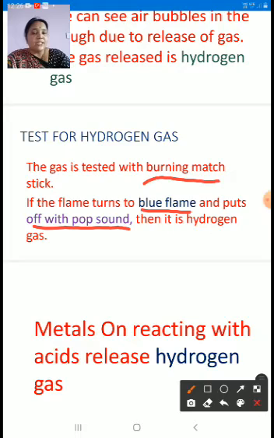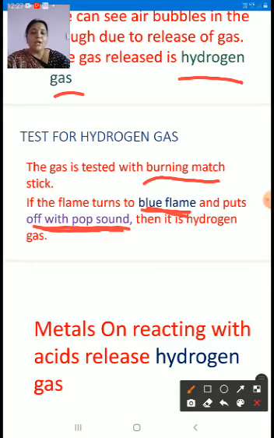So the flame turns blue and it puts off with a pop sound. These two characteristics indicate that it is hydrogen gas. So the gas released is hydrogen, because when you take the burning matchstick near to the gas, the flame turns blue and it is put off with a pop sound.